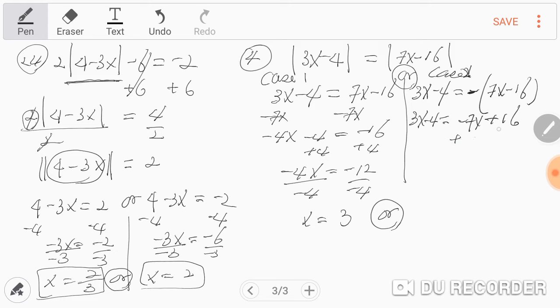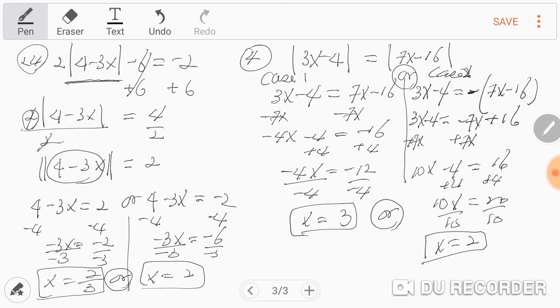Move negative 7x to the left, plus 7x on each side. Then 10x minus 4 is equal to 16. Plus 4 on each side, then 10x equals 20. Divide each side by 10. Then x equals 2.